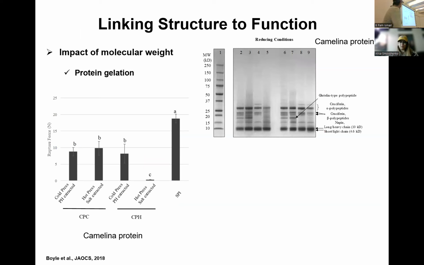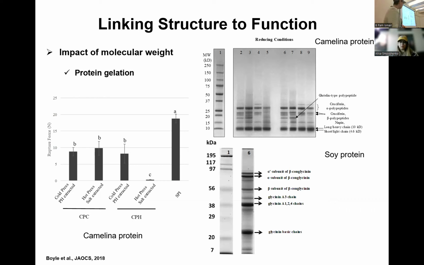All right, so here is linking structure to function in proteins that most of you are familiar with, like camelina protein. They have relatively low molecular weight proteins compared to soy. Soy protein has those large quaternary structure proteins, and even when you break them down into their subunits, you still have subunits that are high in molecular weight.